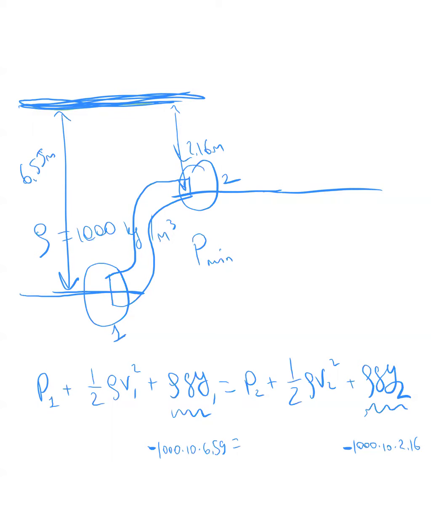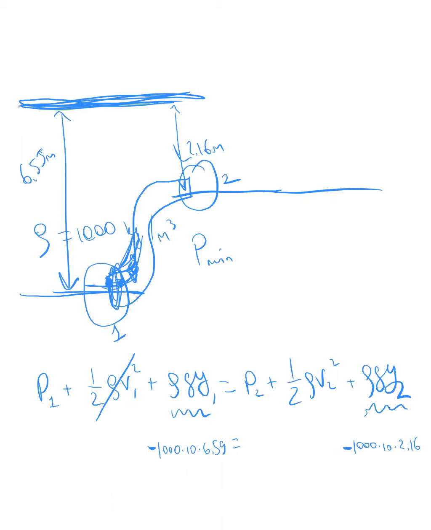Now, what about the velocity? V1 is the velocity of sewage as it enters this pipe. I will make an assumption that the sewage water isn't really flowing. It doesn't have any energy to start with, and you have to lift it purely by performing work with the pump.